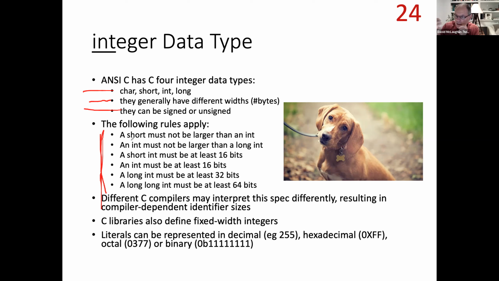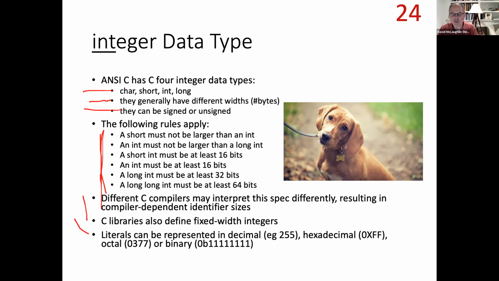As we'll see in a little bit, with 8 bits, you can represent numbers between minus 128 and plus 127, or between 0 and 255. You cannot represent the number 256 with 8 bits. 256 takes 9 bits. So the number 256 would overflow if you tried to store that in a data type char. We'll look at this in more detail. So different compilers can interpret this spec differently, right?